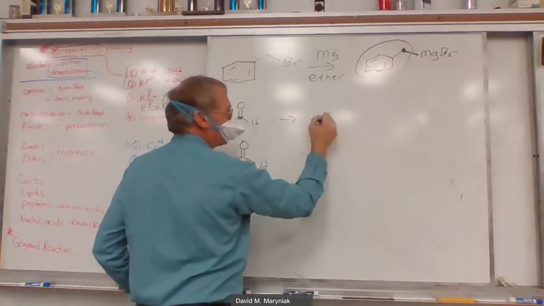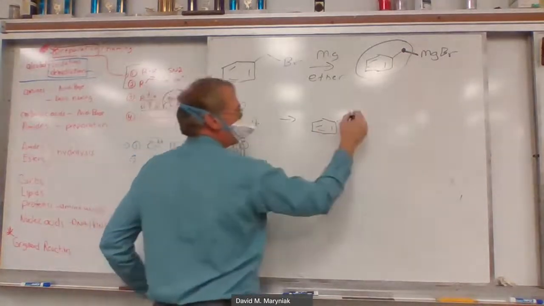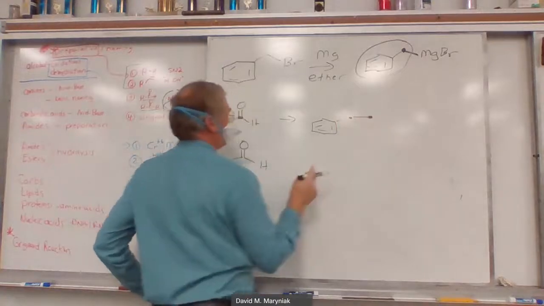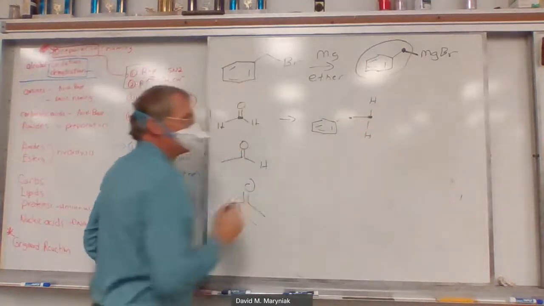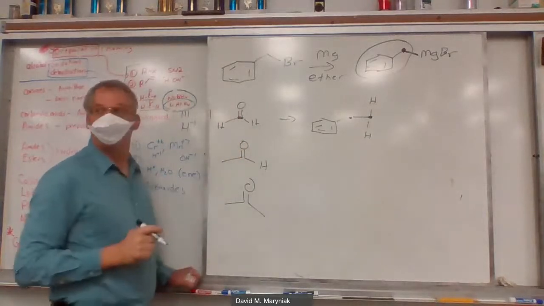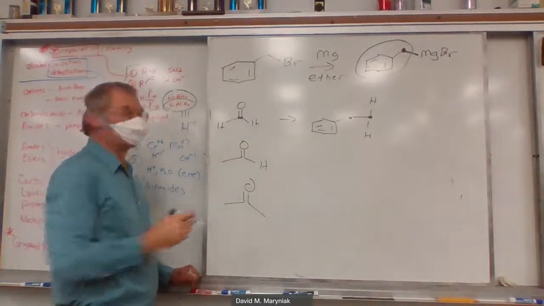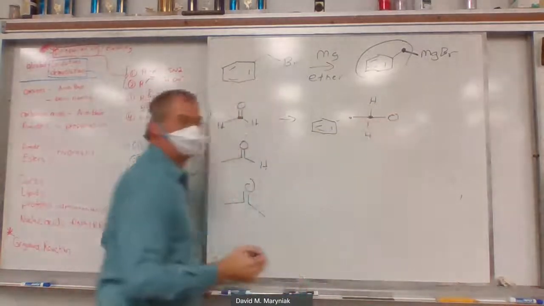If I do that, this carbon to that carbon, anything happening to those 2 H's? Nope. Does something happen to this CO double bond? Because we've added to it. Does it become the O minus?